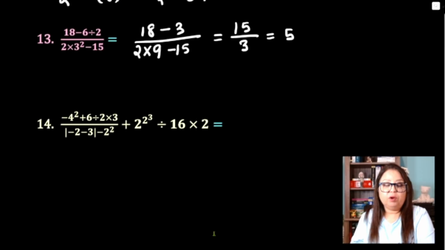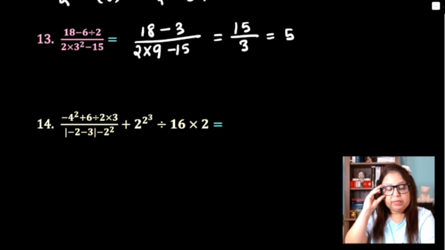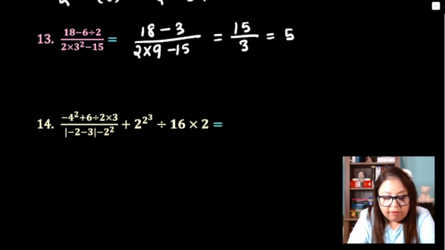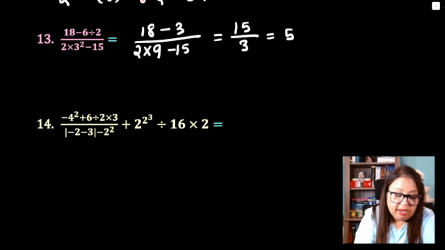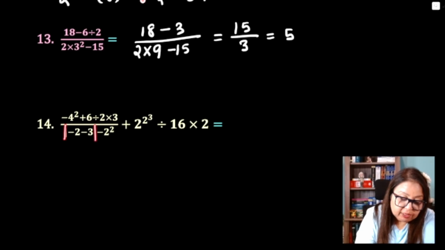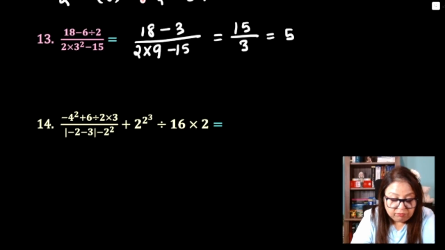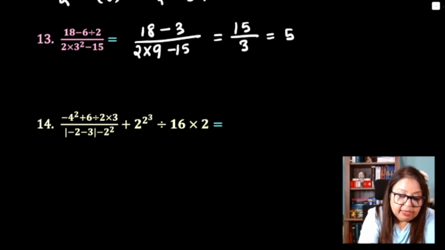Moving on to the last problem. Problem number 14. Here we have a lot of stuff to do. What do we do first? There are no parentheses. However, we do have an absolute value over here. We should evaluate this first. So what do we get? We get minus 4 squared.